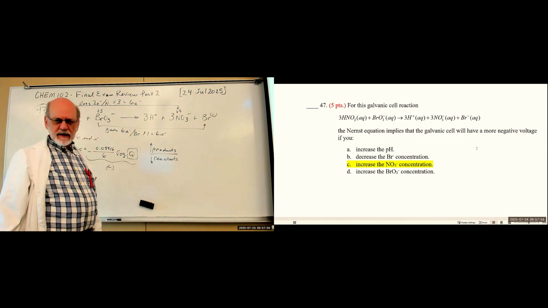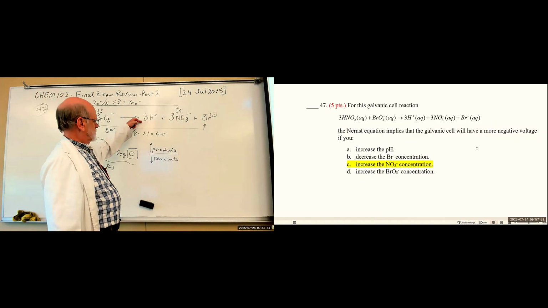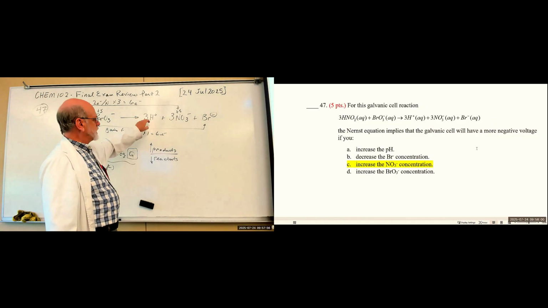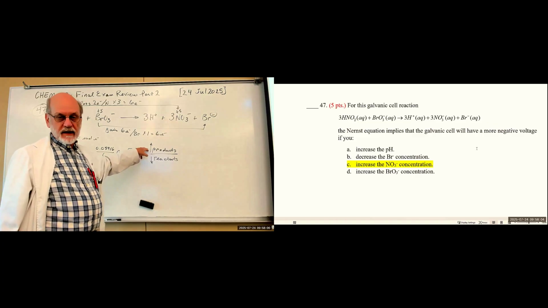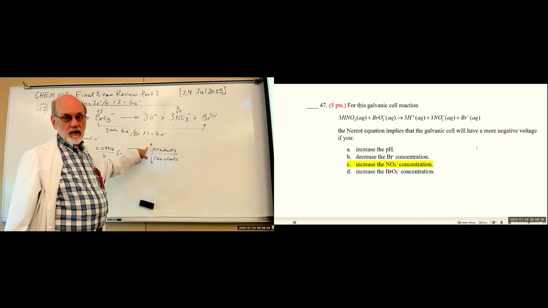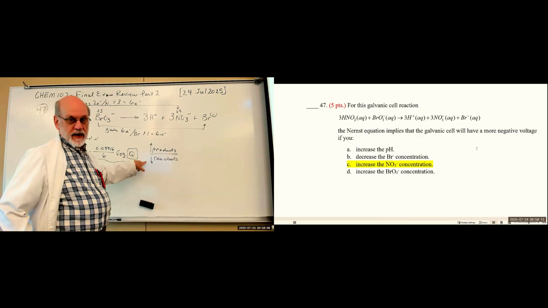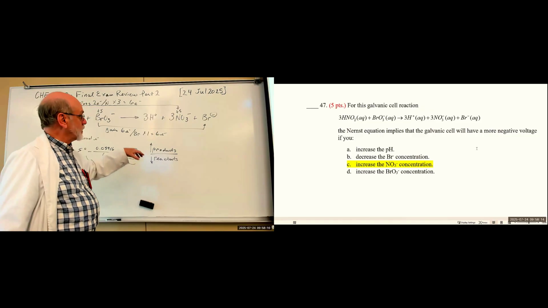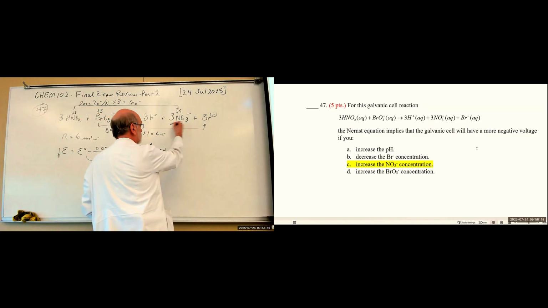Right? So if we increase the pH, that would decrease this size, decrease the products. That's not going to do it. Decrease the bromide, right? That's going to make this smaller. That's not going to do it. We got to make this one bigger or the reactant smaller. So increase NO3, that will work.